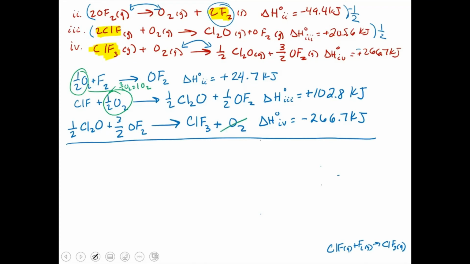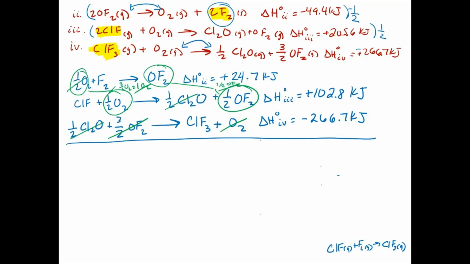And look at that, I have 1 O2 here. Boom, boom. Those guys cancel out. Now I have 1 OF2 and a half OF2. Those two add up to be 3/2 OF2. And then I have that on the right, have it on the left. They cancel out. 1/2 Cl2O on both sides, they cancel out.